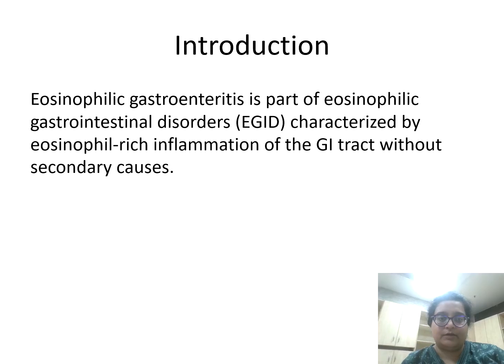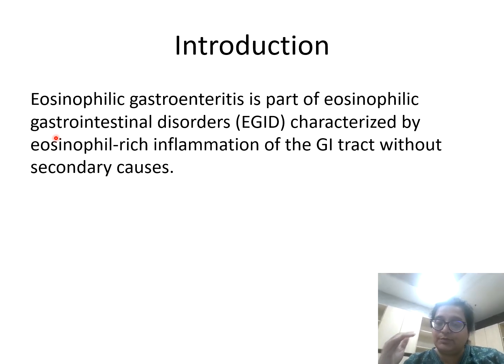Okay. So it is a part of eosinophilic gastrointestinal disorder characterized by eosinophil-rich inflammation. Now please remember that each part of the gut has a normal cutoff for the amount of eosinophils in the lamina propria. The esophagus cutoff is different, stomach cutoff is different, duodenum cutoff is different, colon cutoff is different.